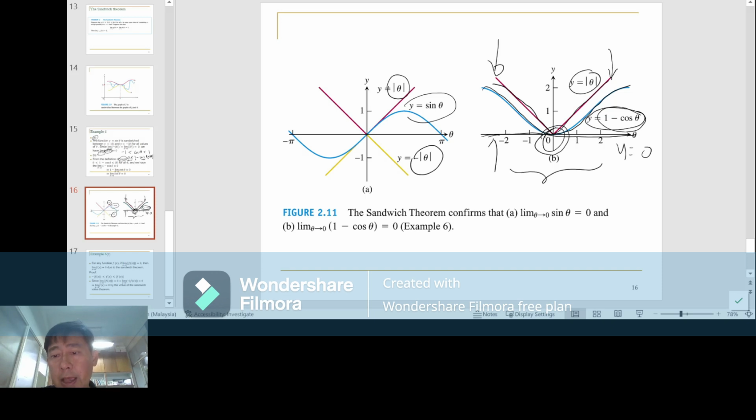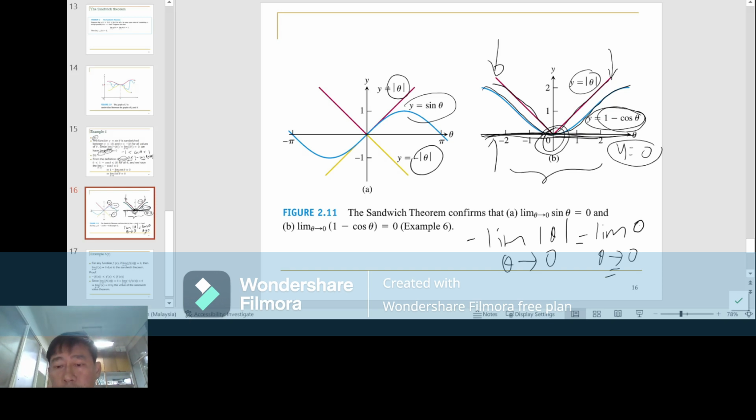Furthermore, the upper function, the absolute value of theta, at the point theta equals 0 has the same limit as the function that lies below 1 minus cos theta. And this lower function, which is always below 1 minus cos theta, is a constant function called y equals to 0, right? For the constant function y equals 0, the limit is always equal to 0.